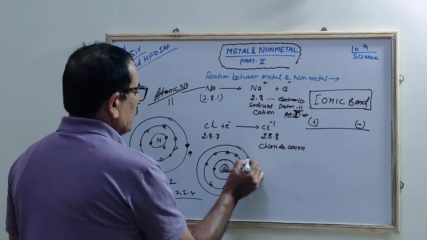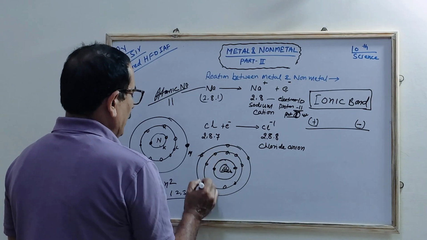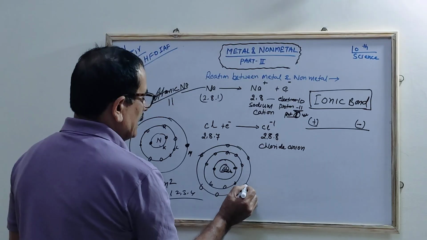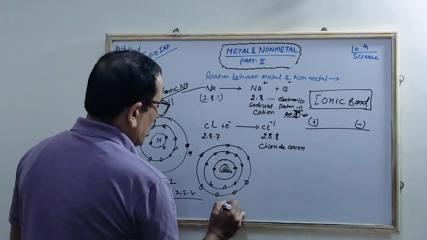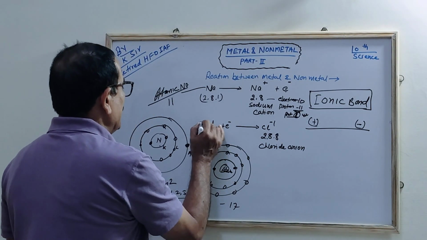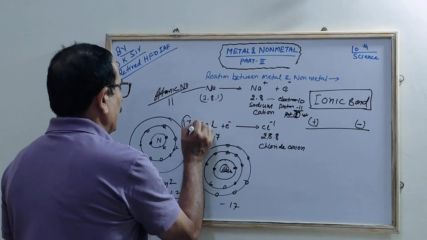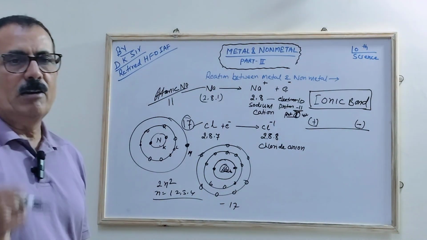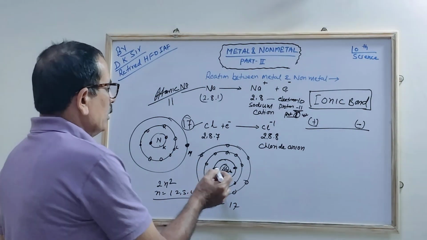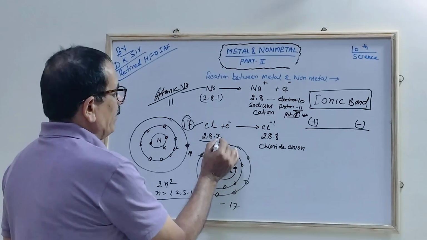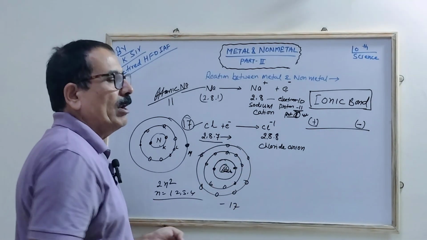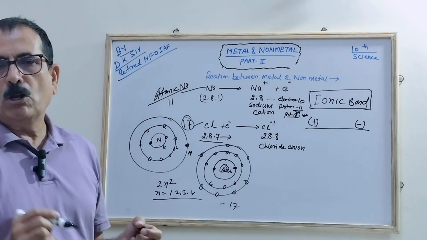We know the total is 17, so the third has 7. The atomic number of chlorine is 17, correct? So when you do the electronic configuration, you get 2, 8 and 7. The 7 is the number of electrons present in the outermost shell of chlorine.